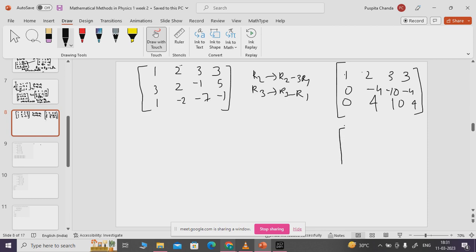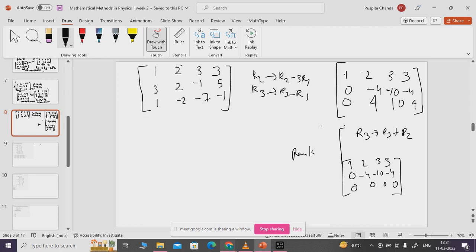So the next, can we say that R3 can be R3 plus R2, then it will be 1 2 3 3, 0 minus 4 minus 10 minus 4, 0 0 0 0.